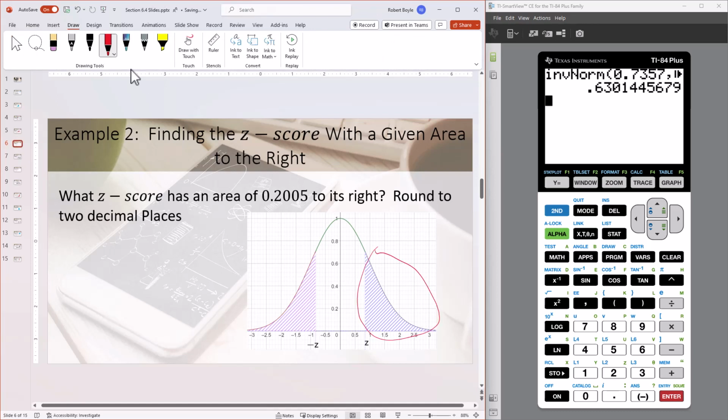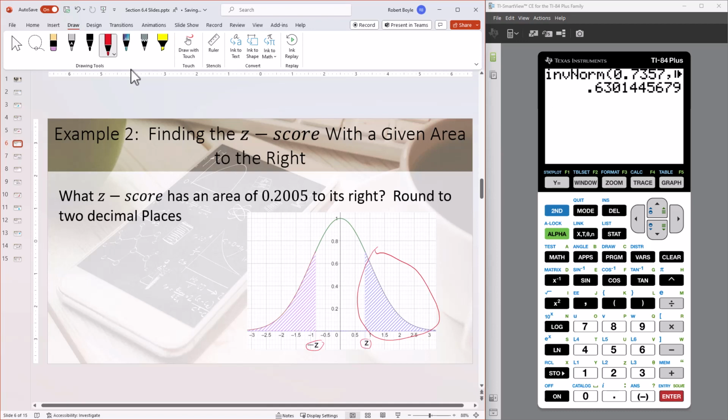But one of the cool things about the standard normal is that it's symmetric about 0. So this area, which has the value of z, is the same as this area right here, which will return for you a negative z. So what you can do is look up this area. It's going to give you a number. Take the negative of that number, and that is your answer.